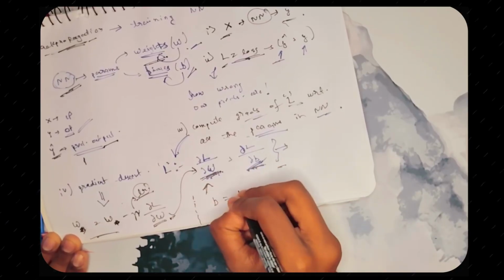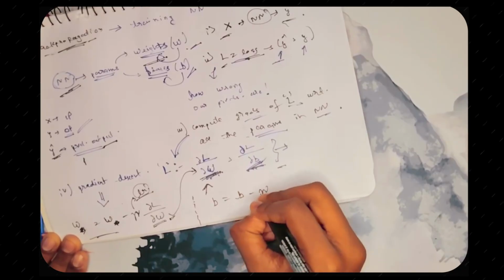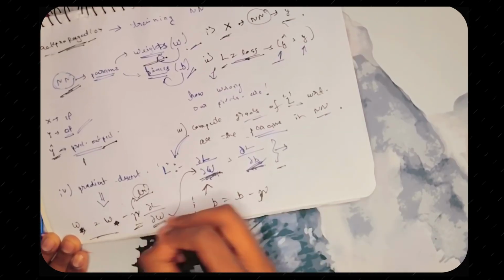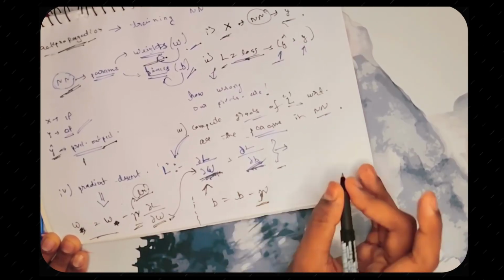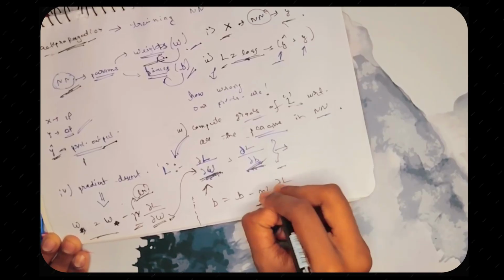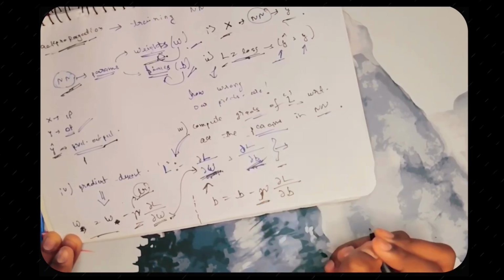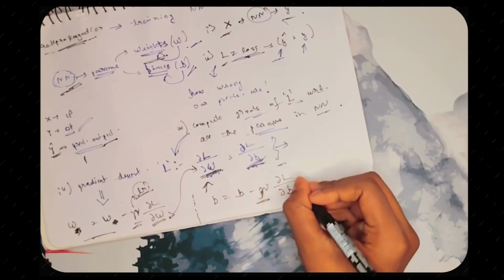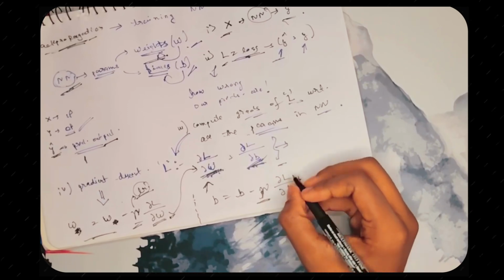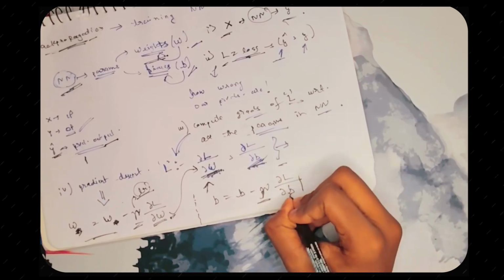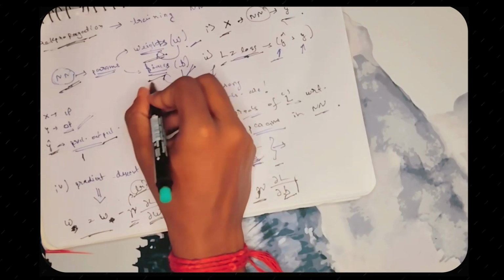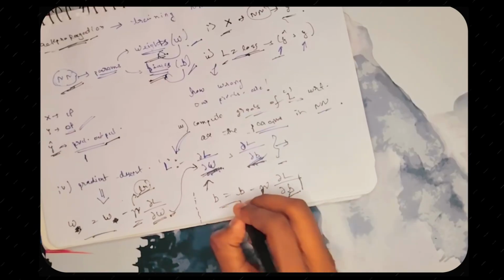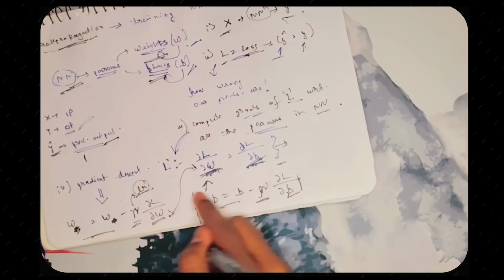B is equal to B minus eta times del L by del B. Here we use the gradient of the loss with respect to all the biases in the neural network. And this is how we update our parameters.